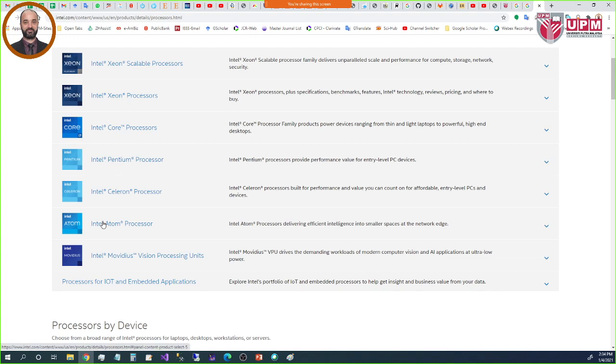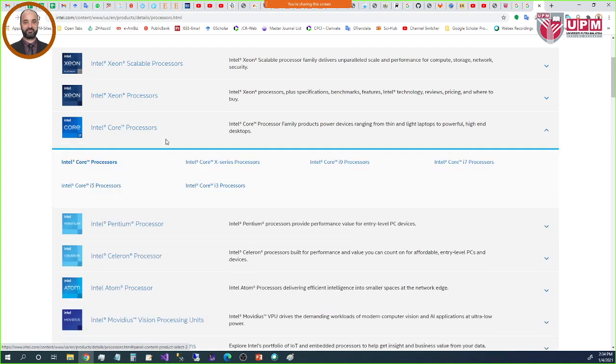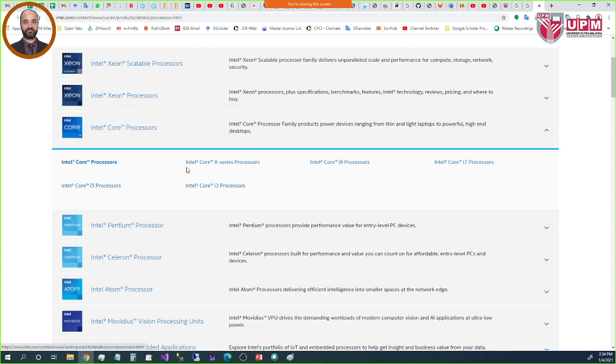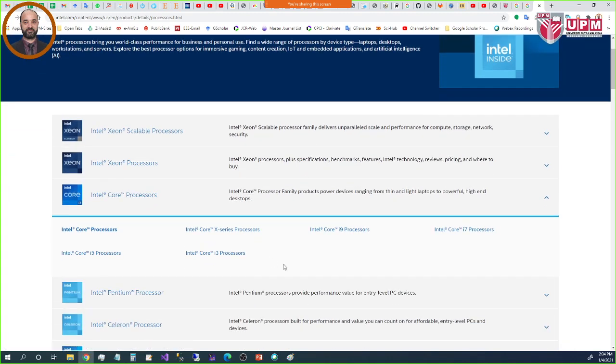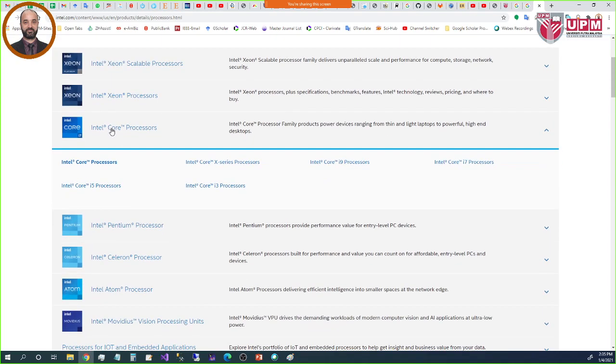Then inside each family, if we talk about Core, we will see 1, 2, 3, 4, 5 families. Inside each family, for example the i7, if you remember, we just now opened, we have maybe 10 or 15 types of i7, right? And this is for a certain generation, for example 10th or 11th or 9th, because we have many generations. Every generation has its own characteristics and properties. So if you also go to Core, you see how many we have.